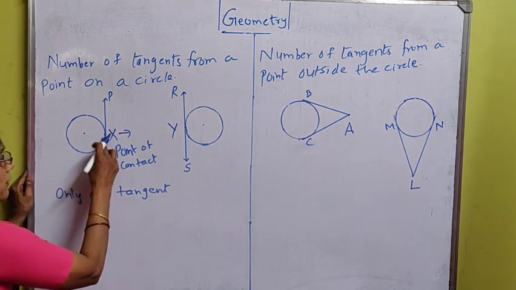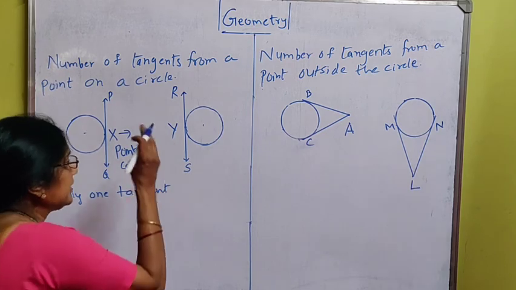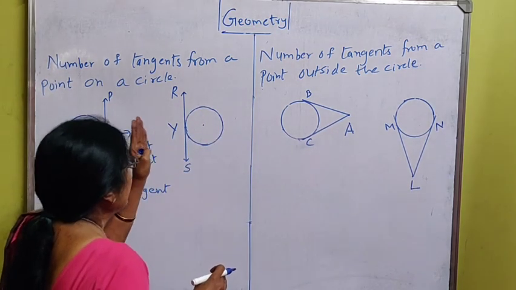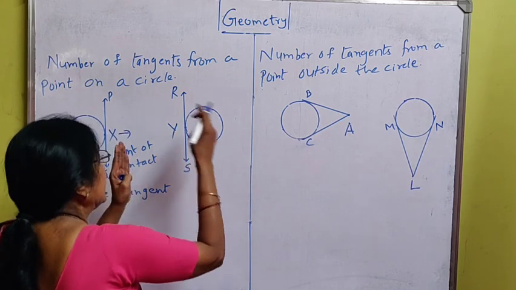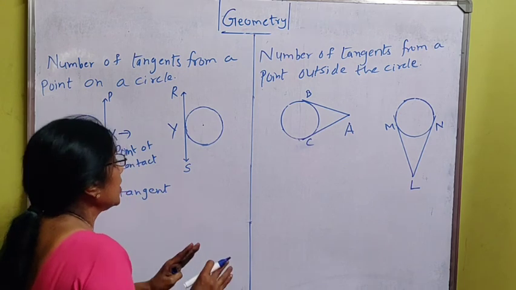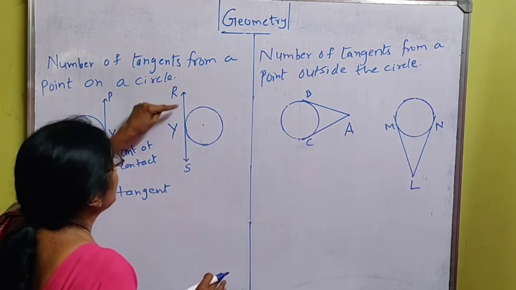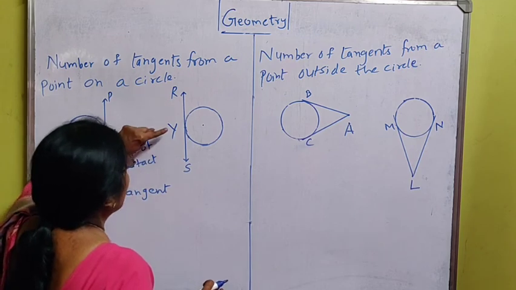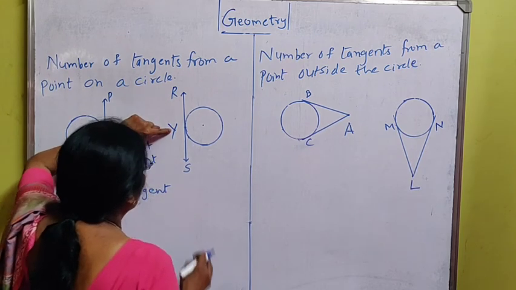Here I took a point which is on the right hand side. In another circle I have drawn, I have taken the point on the left hand side. Whether the point is on the right hand side, left hand side, up or down, if the point is on the circle, you can draw only one tangent. You can see RS is a tangent and Y is the point of contact.